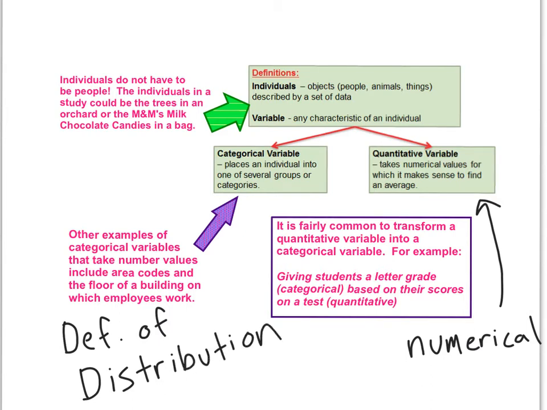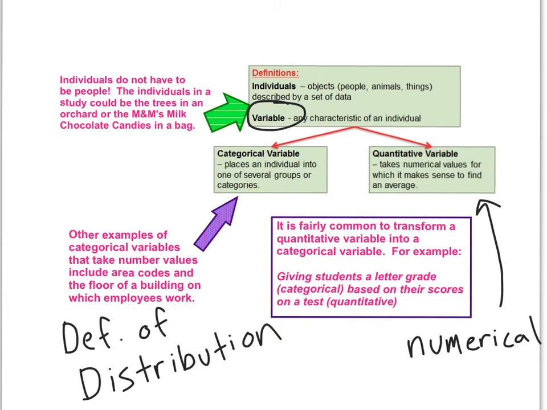Be sure to check out the definition of a distribution. I want to say it's on page 6 in your book.